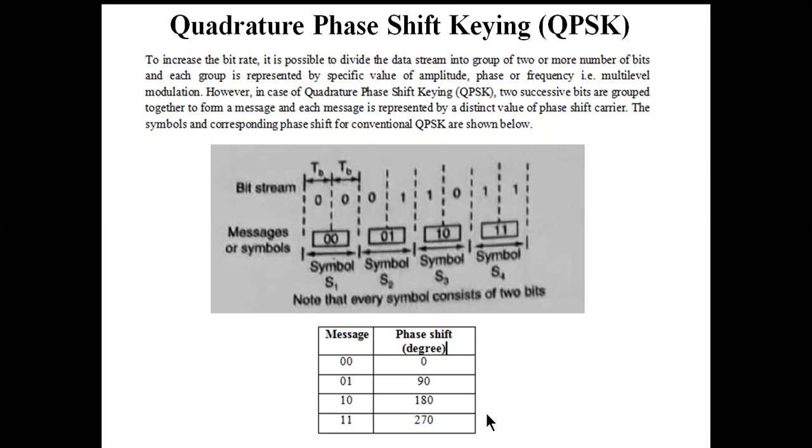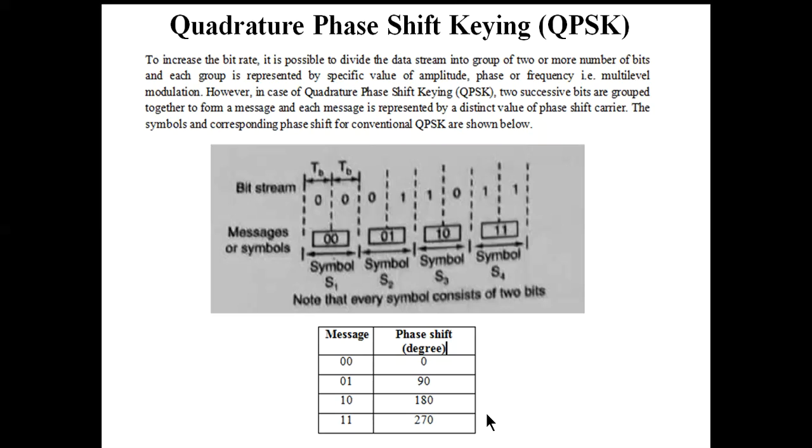If you want to increase the bit rate, it is possible to divide the incoming data stream into a group of two or more bits. Each group can be represented by a specific value of amplitude or phase or frequency. This process is known as multi-level modulation. QPSK is an example of such multi-level modulation.